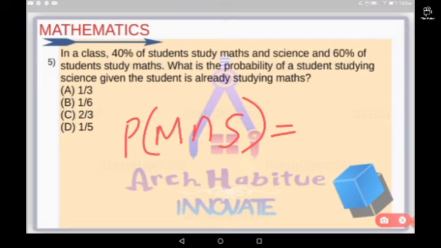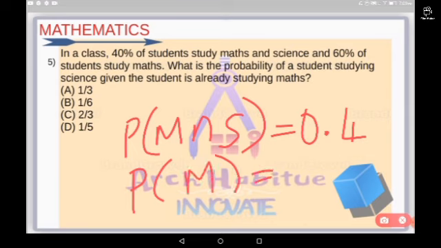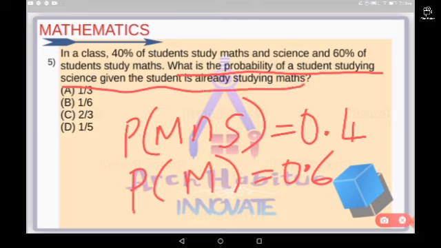Converting into probability, it will be 0.4, right? And we also know P of M is 0.6, right? The question is, what is the probability of a student studying science given that the student is already studying maths? This is conditional probability, right?